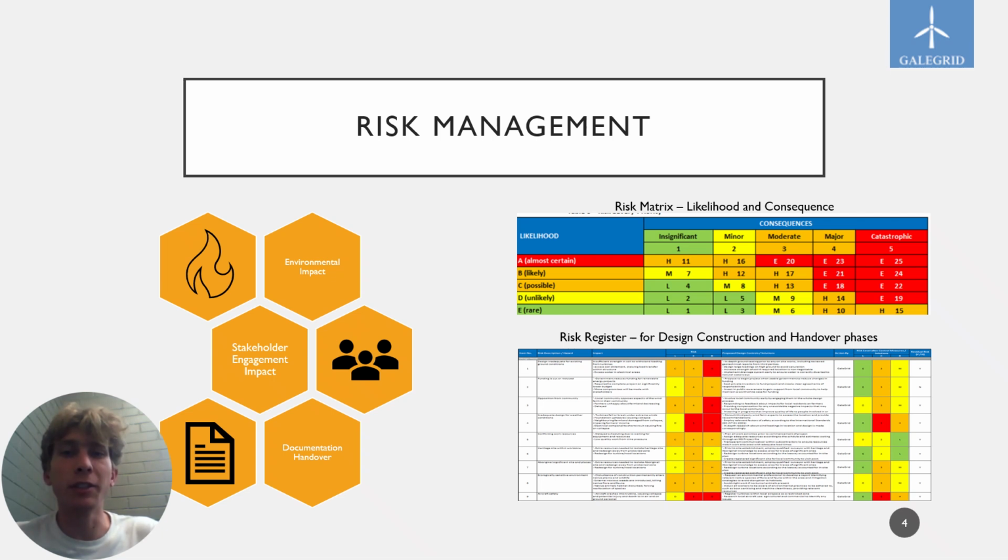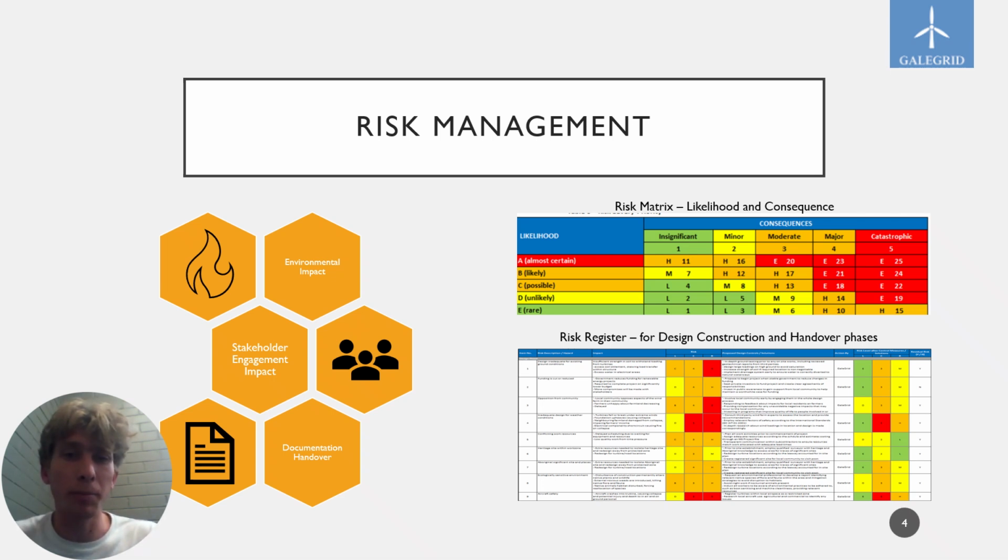The key risks for this construction project are the environmental impact, most prominently bushfire risk, stakeholder engagement, most prominent being the client, New South Wales Government and the local community, and documentation handover in order that the remainder of the project may be completed. Mitigating these risks is crucial to the success of the project.